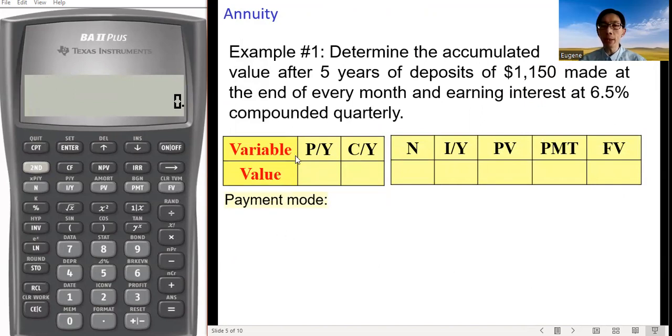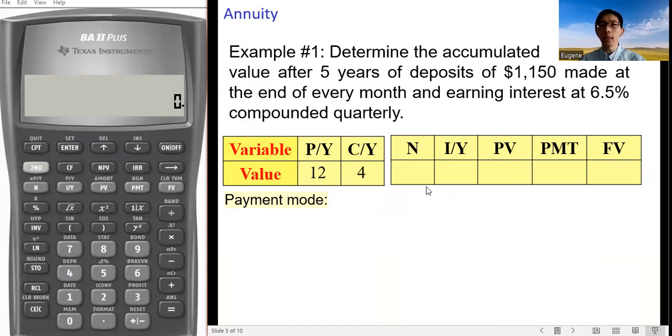PY is the number of payments per year. The payments are made every month. So PY is 12. CY is the number of compounding periods per year. The interest rate is compounded quarterly, so CY equals 4.